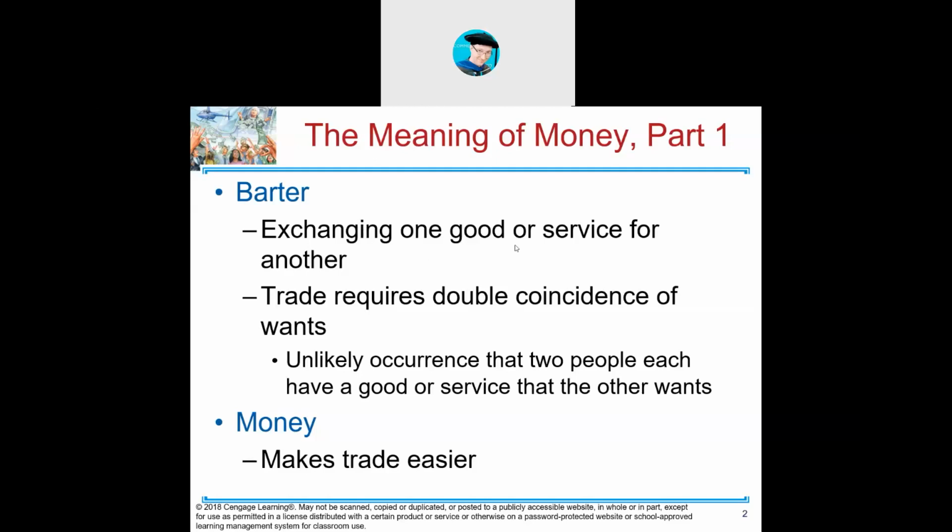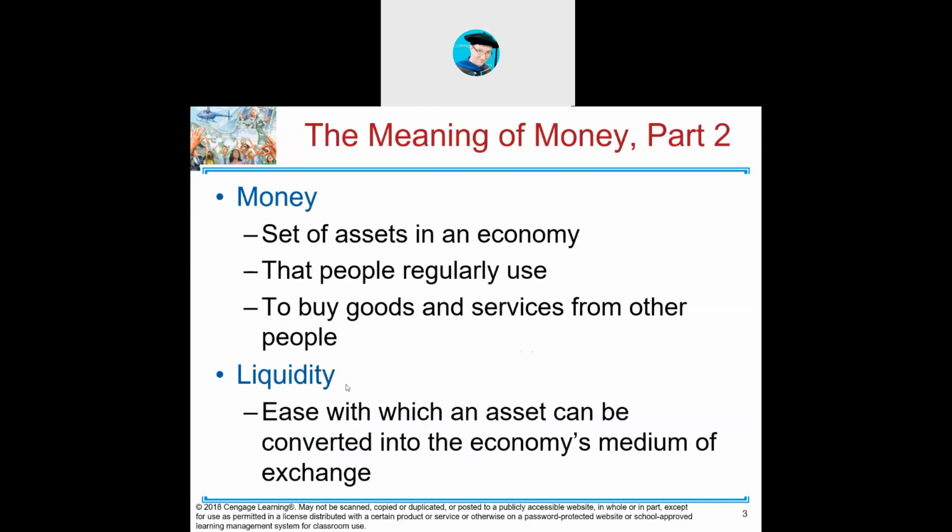And then of course money made things easier for us, because instead of exchanging something for something, we would just buy it. How do you buy it? With money, right? It made the exchange a lot easier, and so money became an asset. Those of you who know me from accounting know that the first asset we talk about is cash, right?